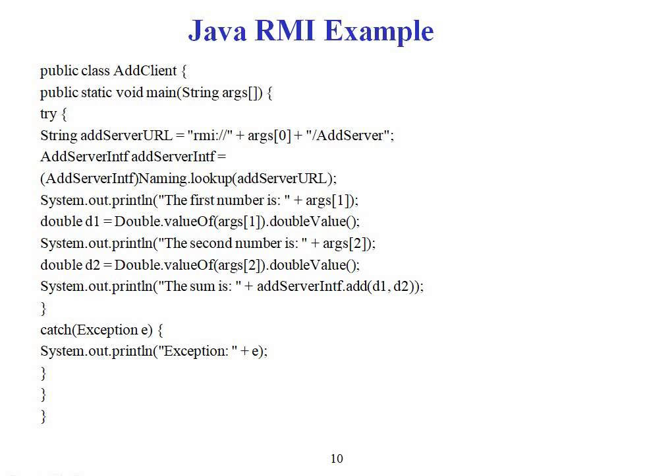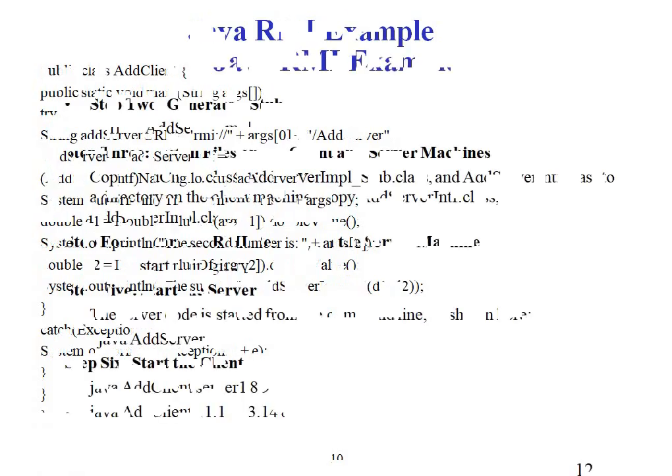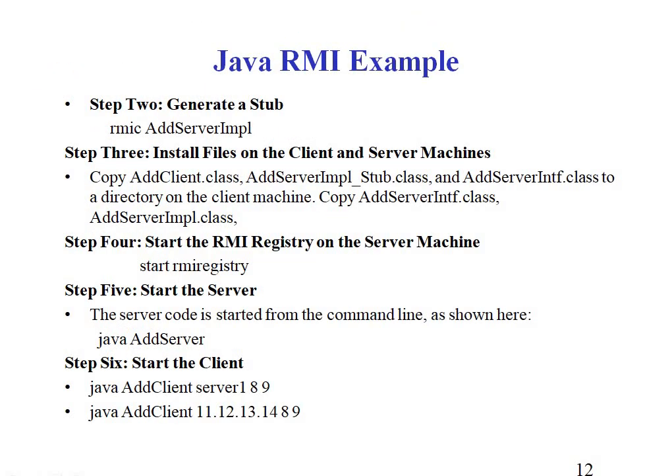After you enter all the code, use the Java compiler to compile the four source files you have created. Step 2. Generate a stub file using the command rmic AddServerImpl. Step 3. Install files on the client and server machines. Copy AddClient.class, AddServerImpl_Stub.class and AddServerIntf.class to a directory on the client machine.